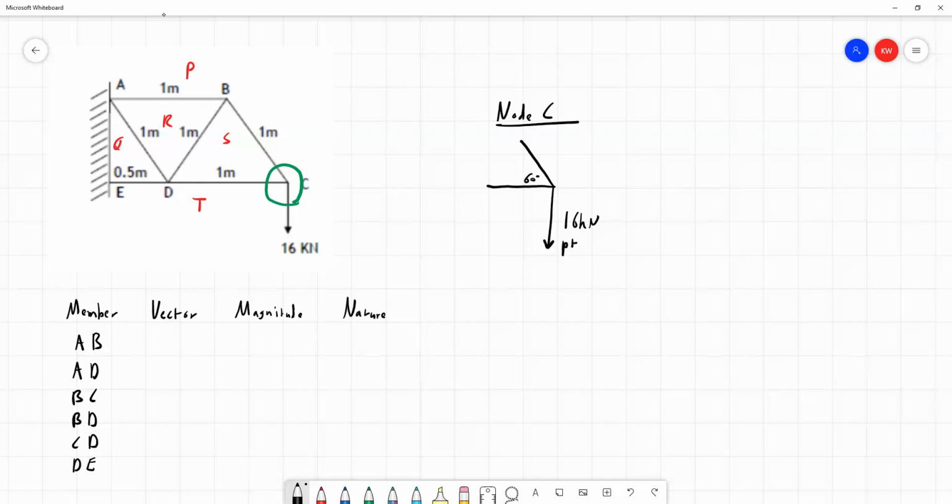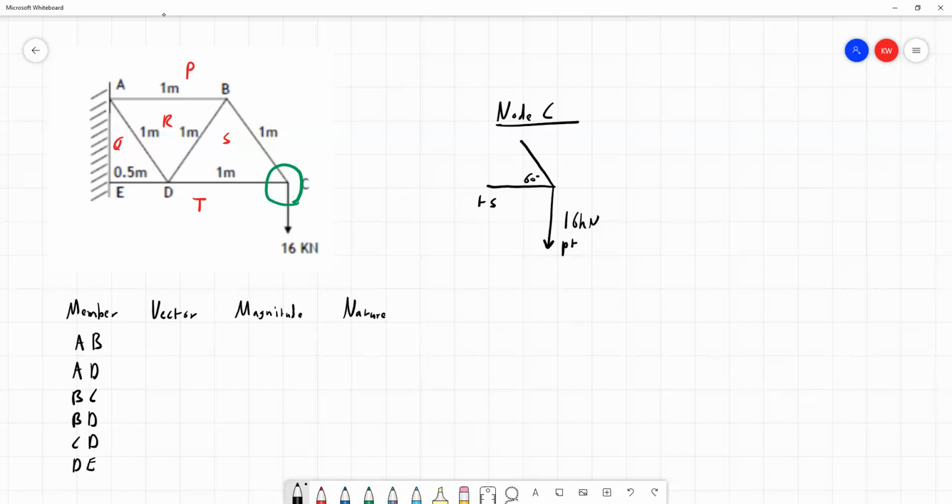We're then going to see which of our vectors has T as one of its sides and use that as a starting letter for that vector. And so we can see that the member CD is between T and S, so we'll call that one TS. Then taking S as our starting letter, we want each vector to follow on, with the end letter of one being the start letter of the next.